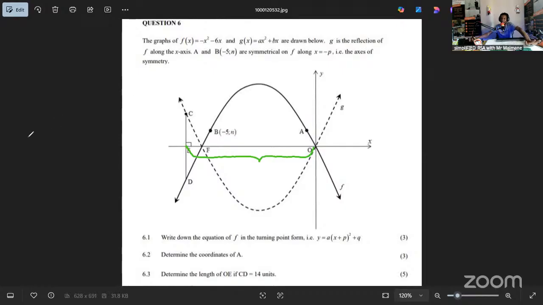Somehow, these guys were fair enough to give you this distance, and they say it's 14 units. I don't know how that is going to help you. But the extra is that you have a full equation of that graph.